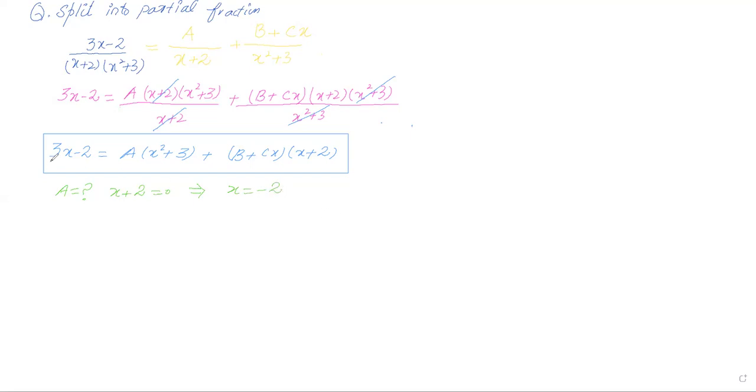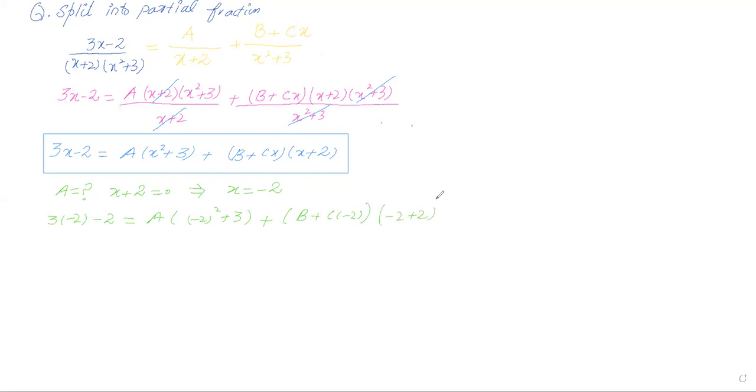Minus 2 you have to put in the whole equation. So 3 times minus 2, and minus 2 will remain as it is, equals A times (minus 2 squared plus 3), plus, when you place minus 2 over here, (B plus C times minus 2) times (minus 2 plus 2).